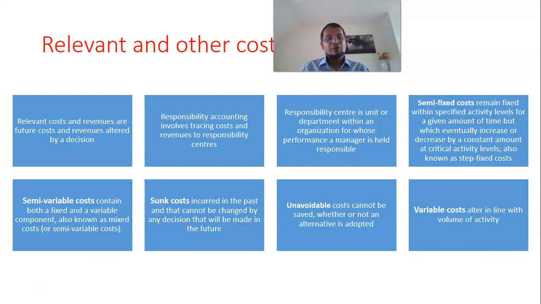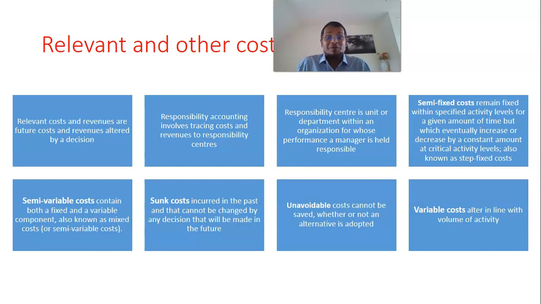And responsibility centers are the branches of an organization, or the parts of an organization for which a particular person is responsible, right? So as a manager, if you want to determine the profit, determine my responsibility, my accountability, as a branch manager, that is my responsibility center.